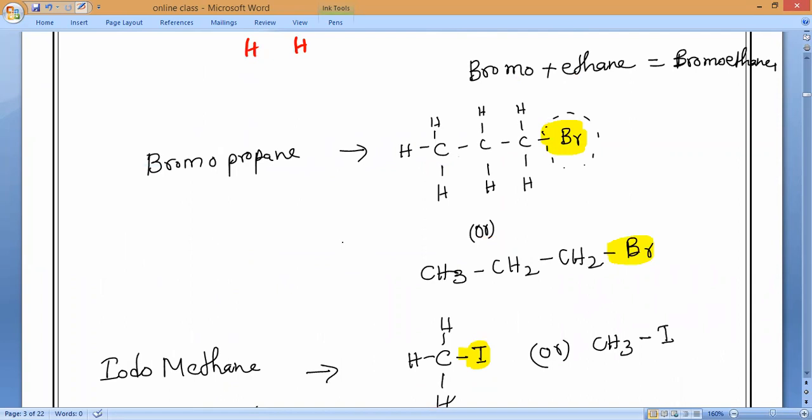The general formula of haloalkanes is, remember, CnH2n+1 into X. X indicates what? Anybody can tell? Halogen atoms. Please remember that. The formula is CnH2n+1X.